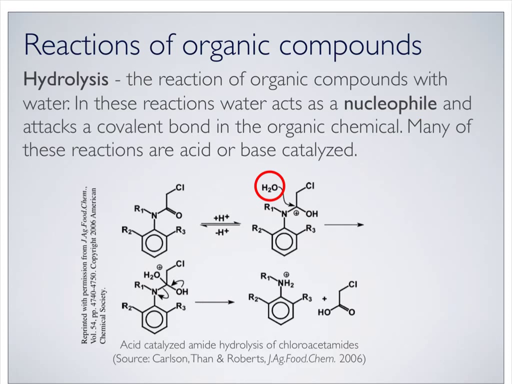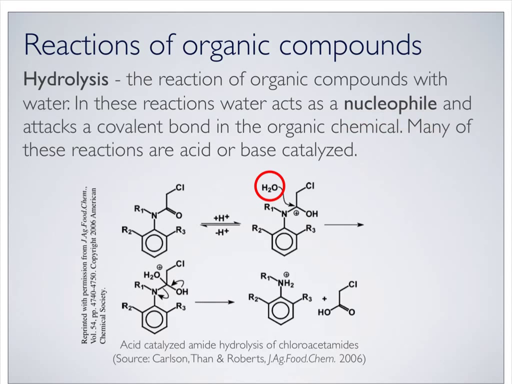So we'll end the lecture today with a brief introduction to important environmental transformations of organic chemicals. So the first of these is going to be hydrolysis, which is going to be the reaction of organic compounds with water. And essentially, in these reactions, water is acting as a nucleophile, and this nucleophile attacks a covalent bond present in an organic chemical. And in some cases, these reactions are going to be acid or base catalyzed.